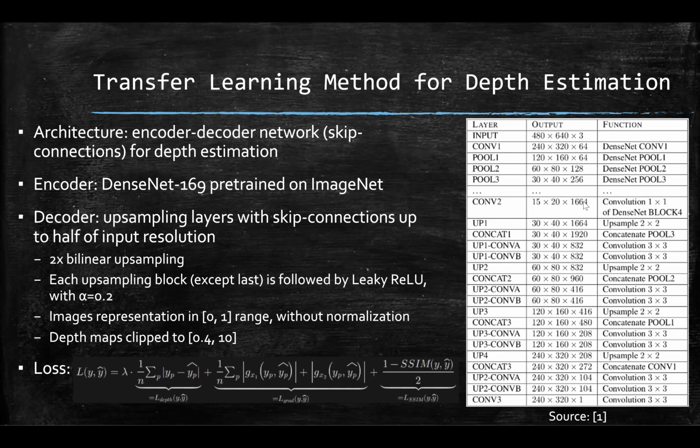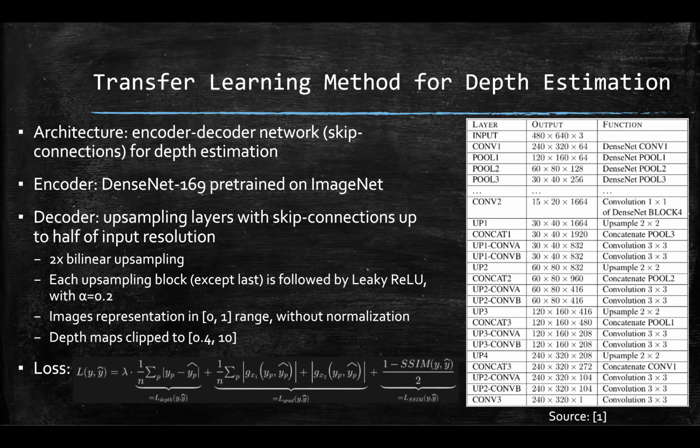Then we have upsampling blocks, each composed of 2 times bilinear upsampling followed by 3x3 convolutional layers. This one here. With output filters set to half the number of input filters, and where the first convolutional layer of the two is applied on the concatenation of the output of the previous layers and the pooling layer from the encoder.